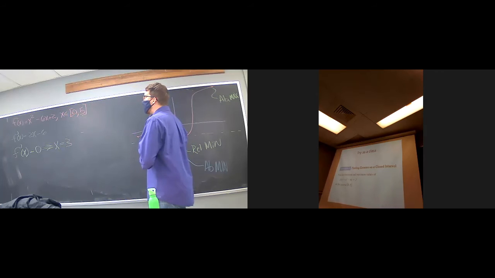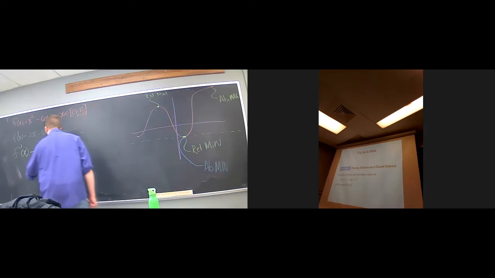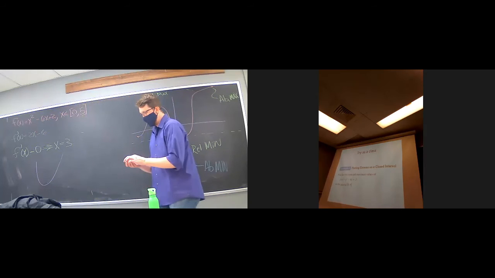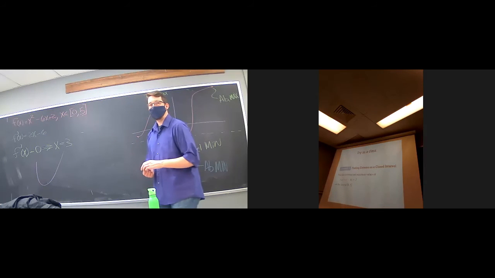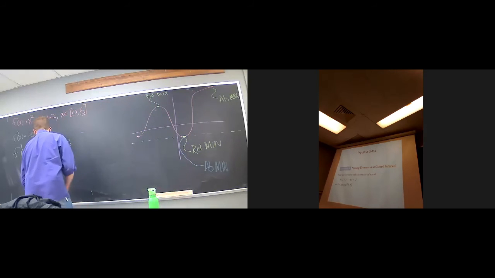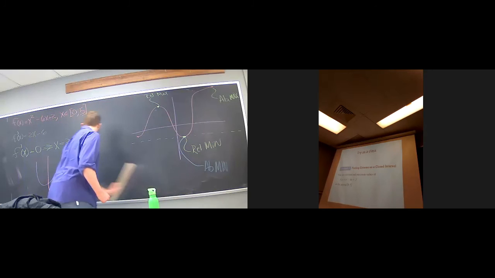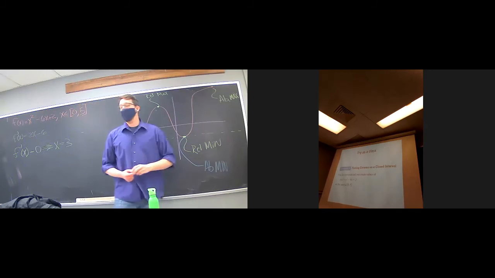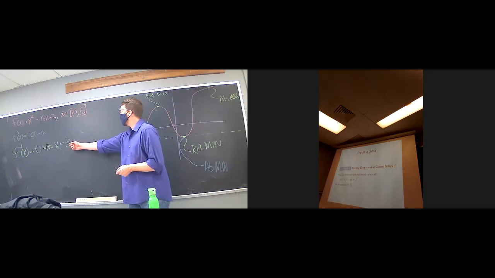The graph of this function is going to look something like this, just because it's a parabola and x squared is positive. So we know it's going to look something like an upward facing parabola. So from that little bit of knowledge, we know that x equal to 3 has to be a min.